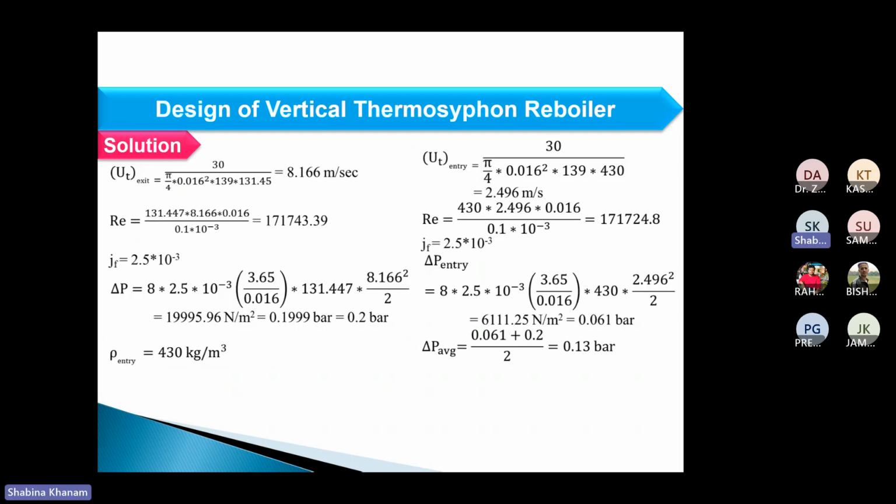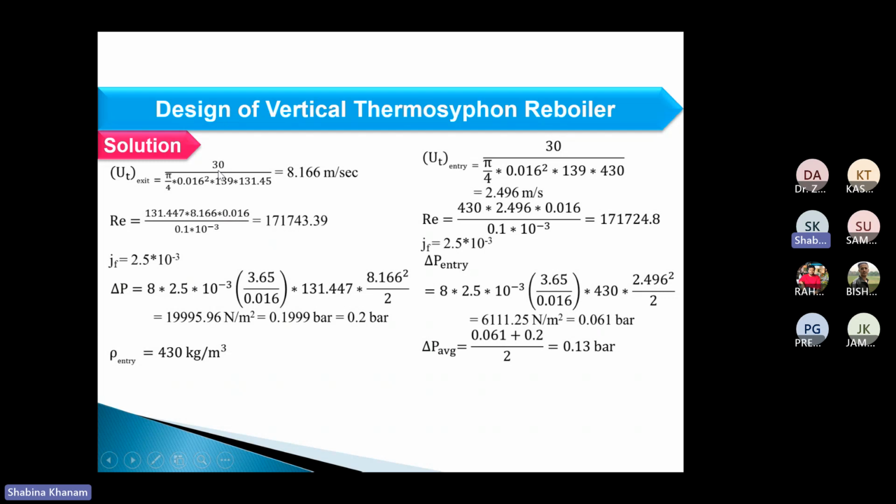Once I have this mixture property, we will find out the pressure drop at exit condition. We can calculate the velocity of the fluid at exit condition.